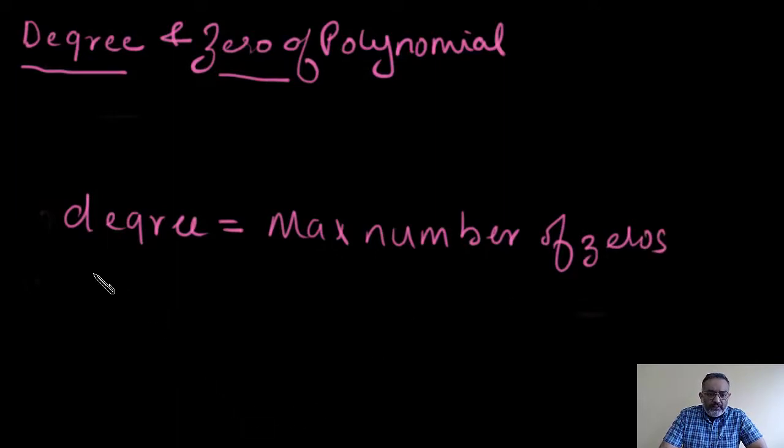If you have a polynomial of degree 1, then the maximum number of zeros would be only 1. If you have a degree 2, which is a quadratic equation, the maximum number of zeros would be 2. If you have a cubic polynomial, then the maximum number of zeros is 3. So we are going to look at these 3 scenarios next.